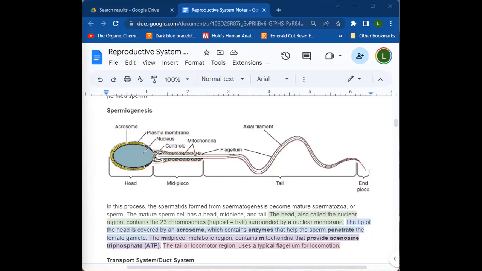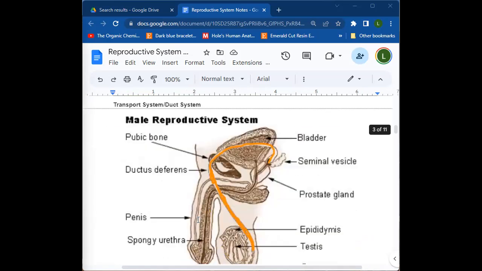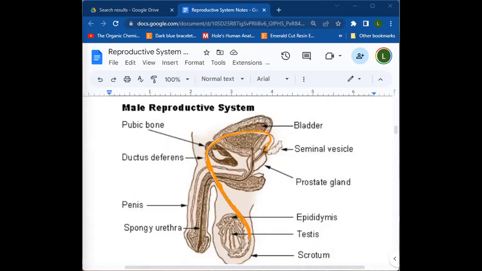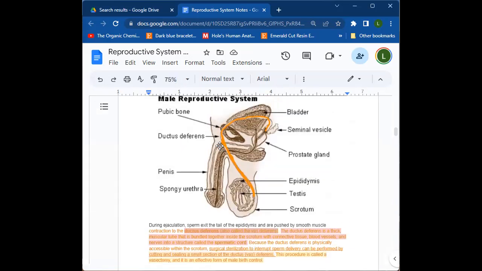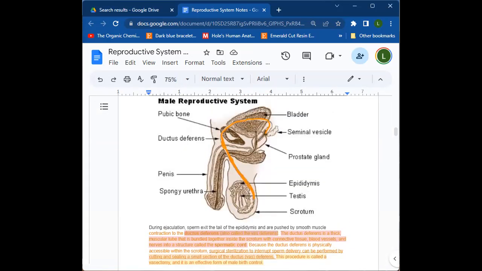And then from there, the sperm are going to move through a series of ducts and tubes. The very first tube they move through is the ductus deferens, also known as the vas deferens.